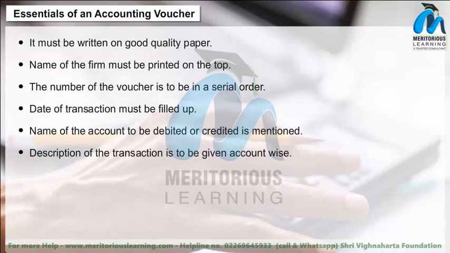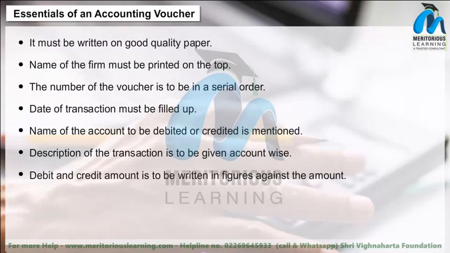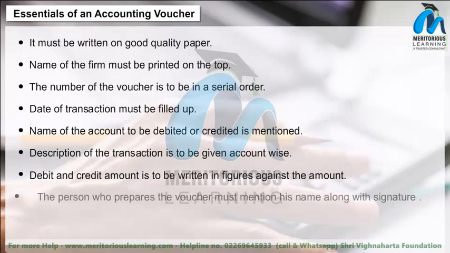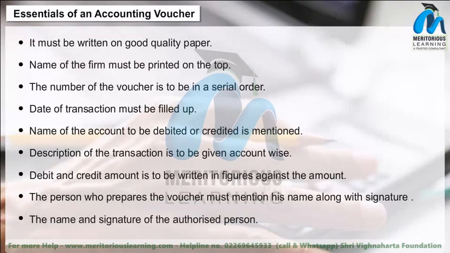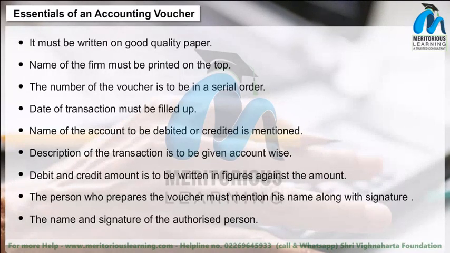Description of the transaction is to be given account-wise. Debit and credit amounts are to be written in figures against the amount. The person who prepares the voucher must mention his name along with signature. The name and signature of the authorized person are mentioned on the voucher.